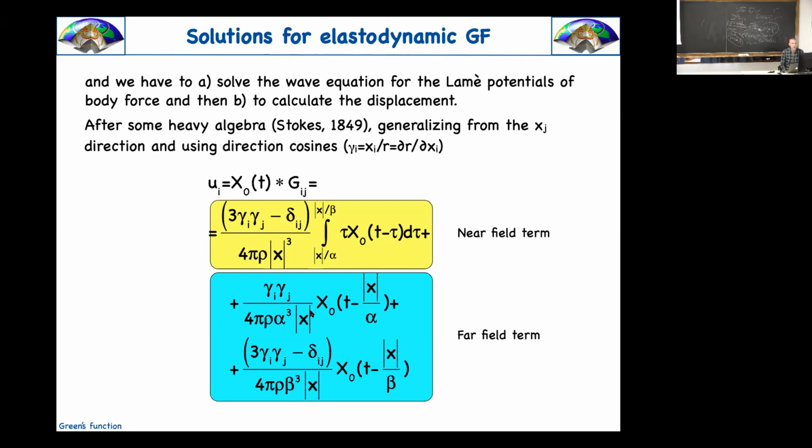Now wait a second, because I want to tell you something important. Please remember from now on that when you say near source, far source, and when you say near field, far field, this naming has different meanings. The near source, far source, we defined in the representation theorem.